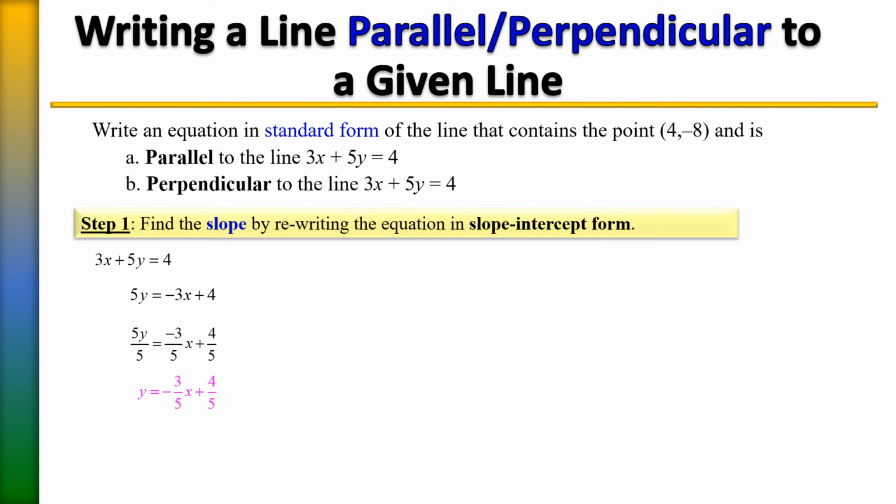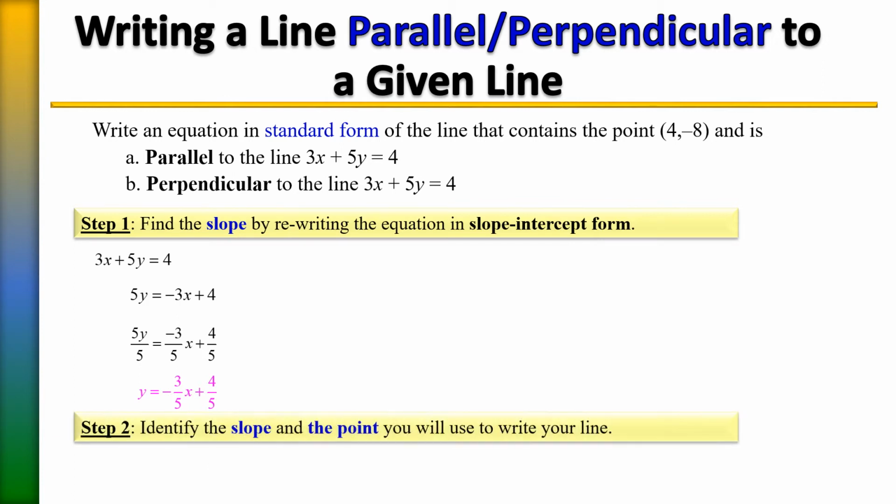And so that is why I'm plugging in -3/5 as the slope of my new line. So we have our slope of -3/5 and our point of (4, -8), and we're going to go ahead and plug it into the formula.